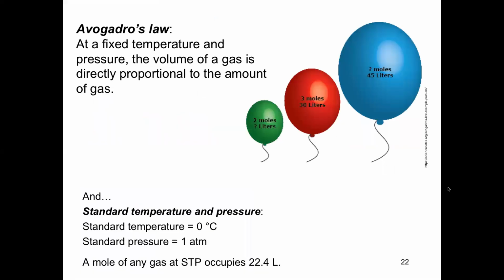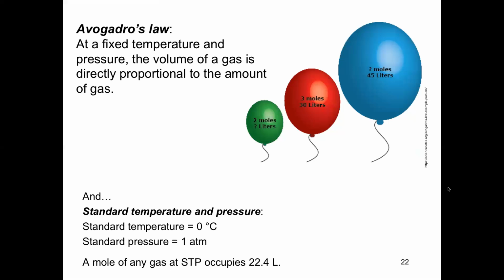At a fixed temperature and pressure, the volume of that gas has to be directly proportional to the amount of gas there. If you have the same number of molecules at standard temperature and pressure, it's always going to occupy 22.4 liters, because then we have the same number.